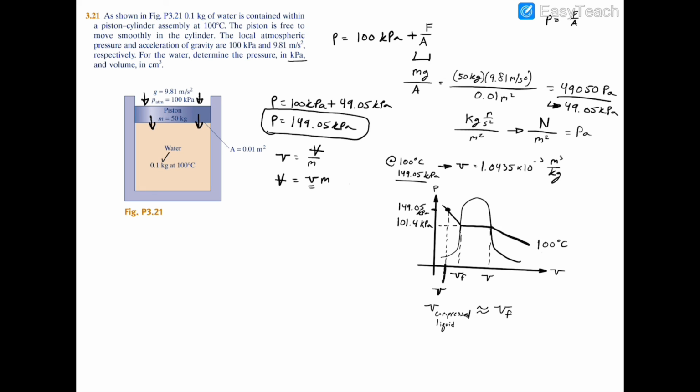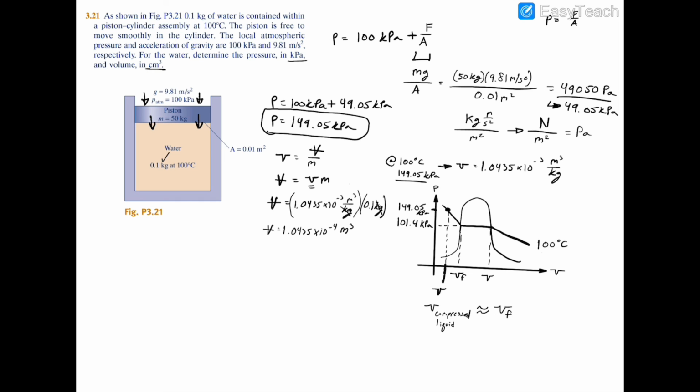And now all we have to do is plug and chug. So we'll have that our total volume equals 1.0435 times 10 to the negative third m3 per kg, times your mass of 0.1 kilograms, and the kilograms cancel out, and you can just increase or decrease your exponent here to equal 1.0435 times 10 to the negative fourth, and that's going to be in m3.